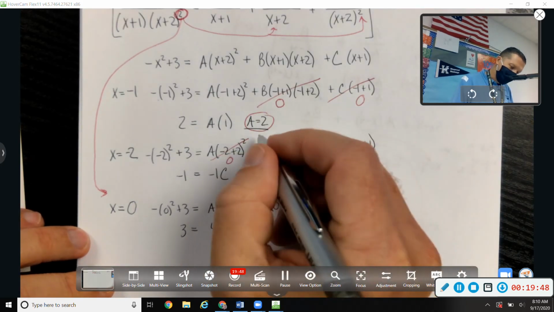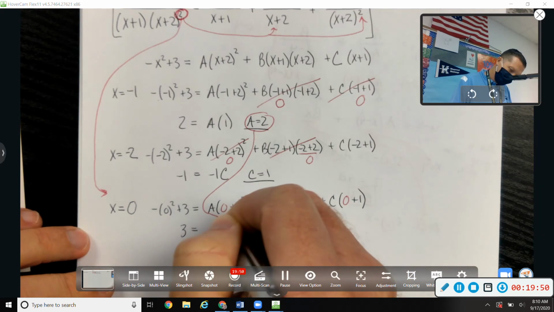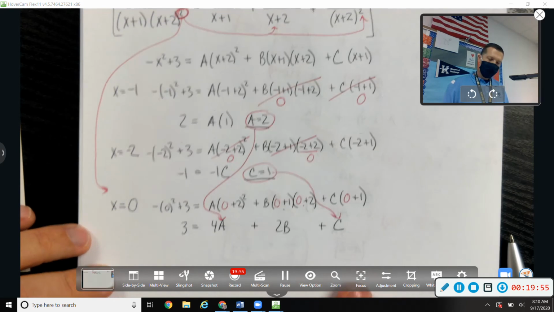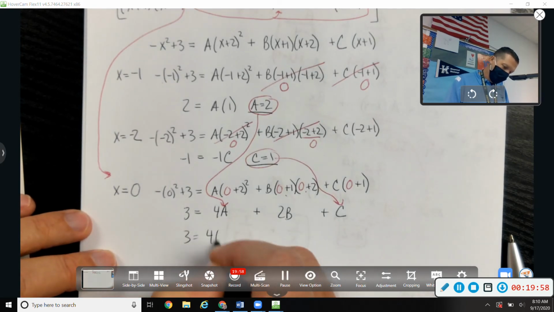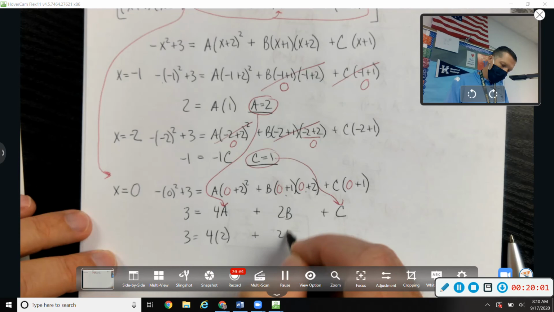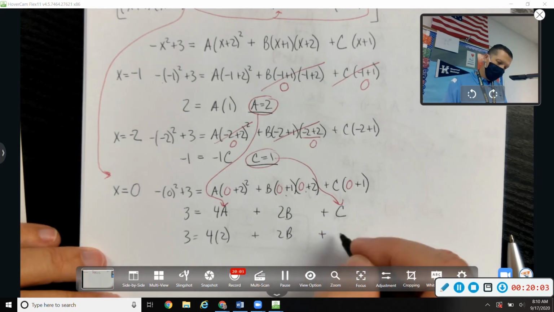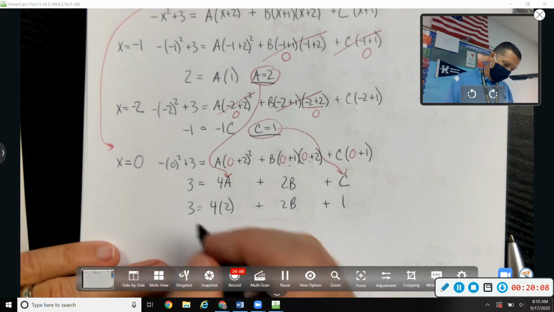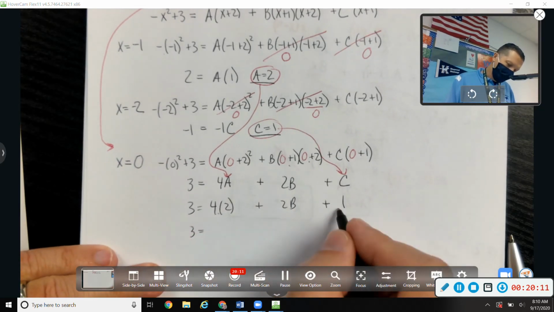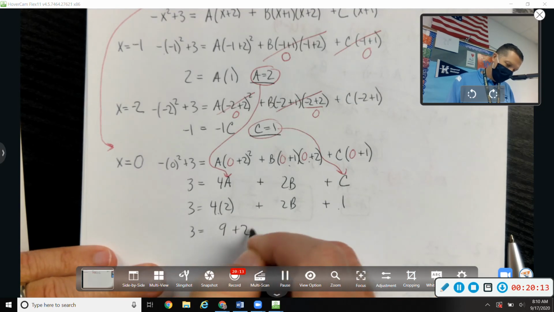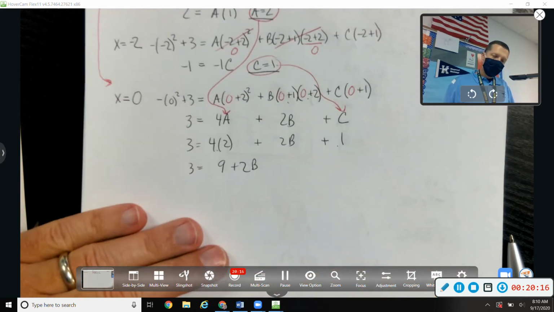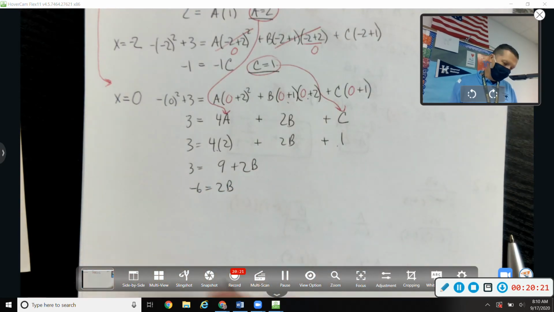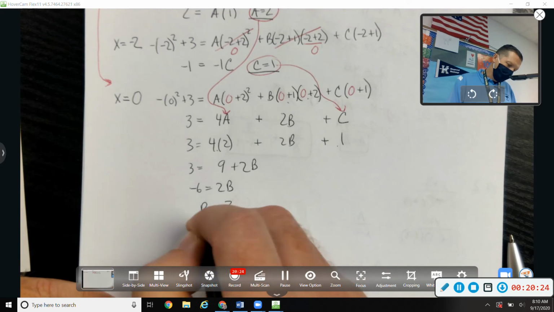So 2 goes in for a, 1 goes in for c. 3 equals 4 times 2, B we don't know, it's what we're looking for, plus 1. Okay, now this is okay. I've got an algebra 1 problem. 3 equals 8 plus 1 is 9. So move the 9 over. Negative 6 equals 2b. So b equals negative 3.